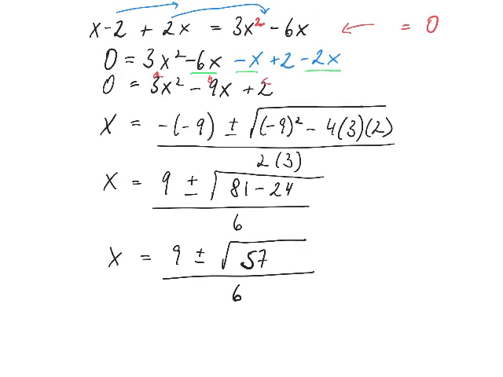Okay, so there's not much more we can do with this, so we can just leave it in this form, or if you put it in the calculator you can get a decimal solution.